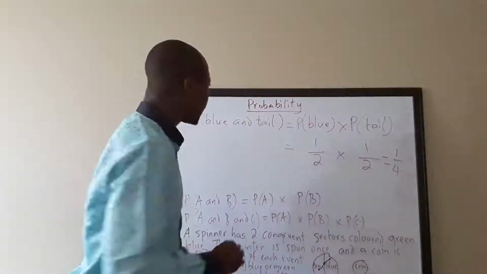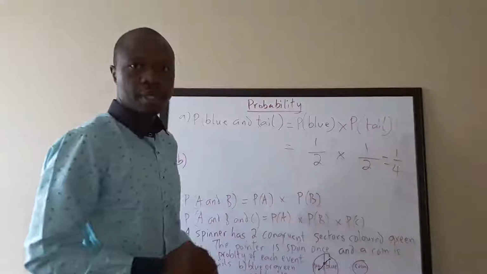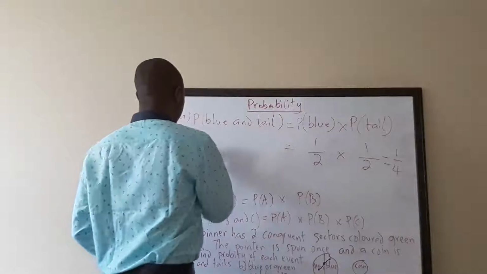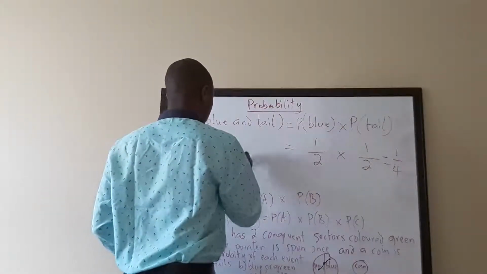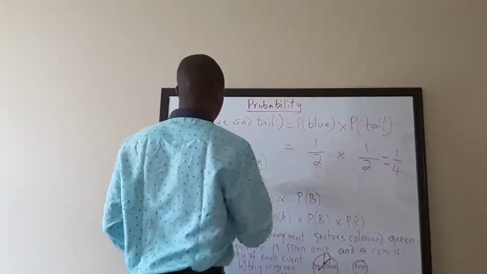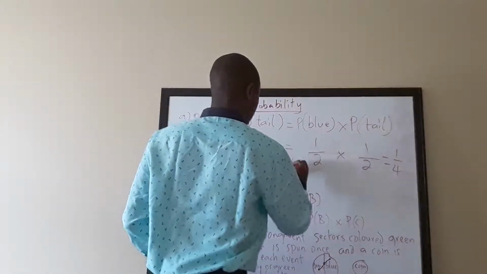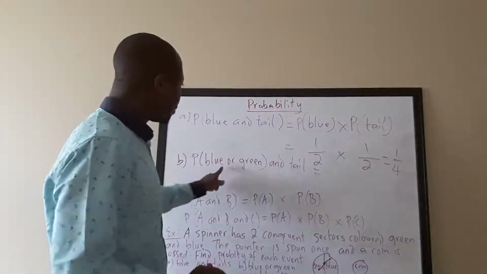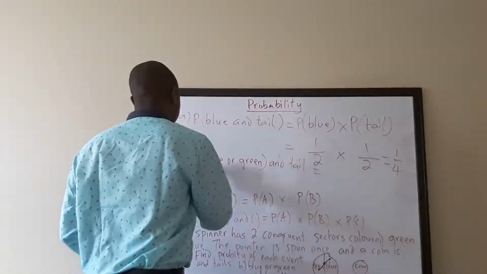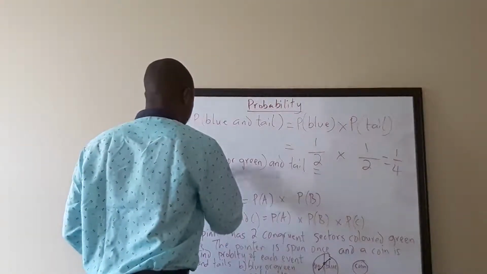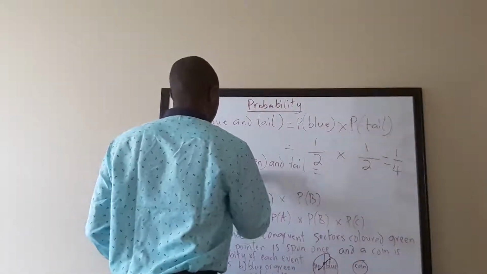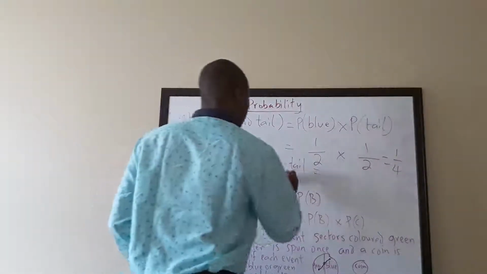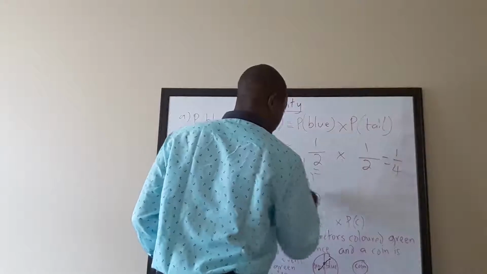Now the second one here, blue or green and tail. So for this one, for blue or green, it's going to be P blue plus P green times P tail.